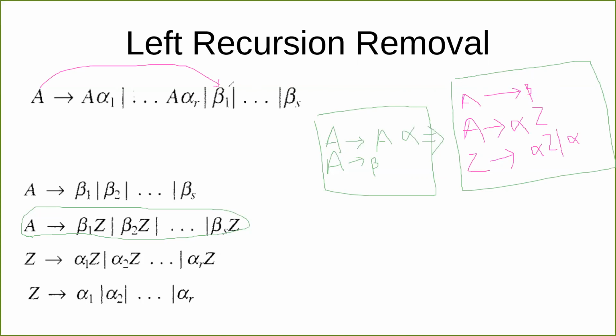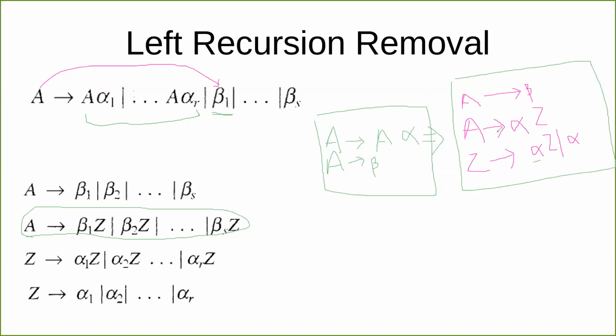Because if it were, then it would be part of this production. So the first symbol of beta could not be A. Here A goes to alpha Z, and the first symbol of alpha could not be A. And the same here, there is Z, and the first symbol of alpha could not be Z. So there is no left recursion.